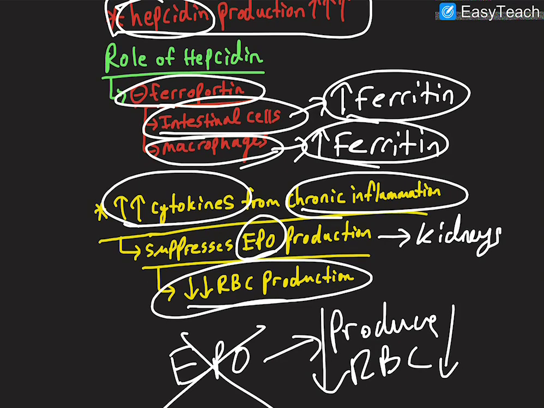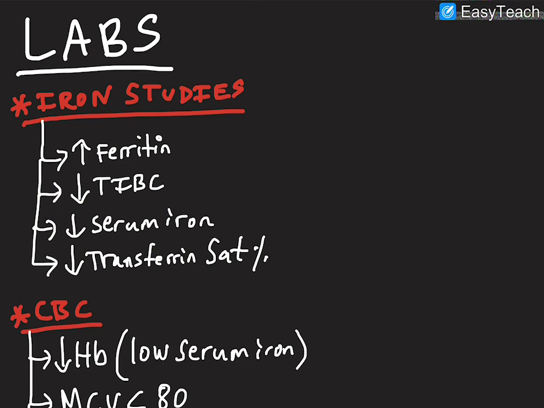All right, so let's go on and see what we have next. Let's talk about the labs now that we have a general idea of what anemia of chronic disease is. Again, you have a lot of inflammation due to some sort of infection or autoimmune disease like rheumatoid arthritis or lupus, or some sort of chronic infection like TB, or some sort of tumor, like colon cancer, for example, or a tumor in your lungs, or some sort of chronic infection like TB or even osteomyelitis.